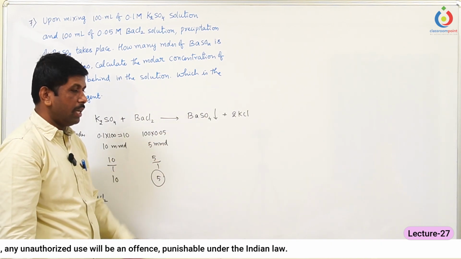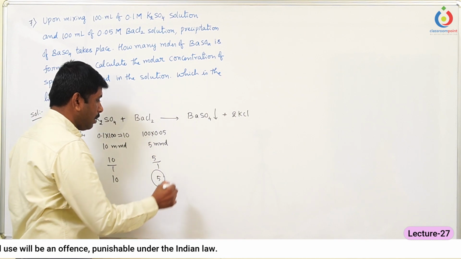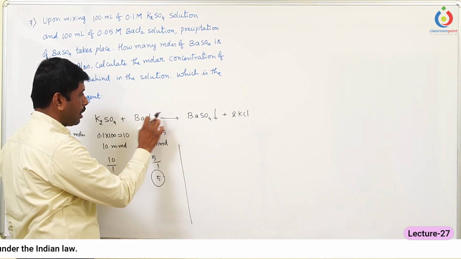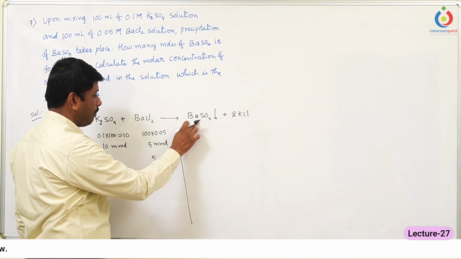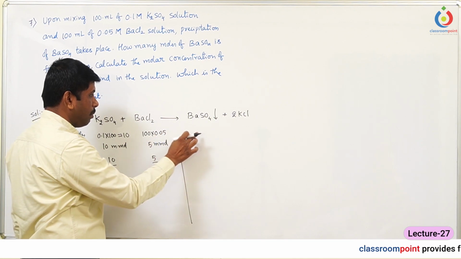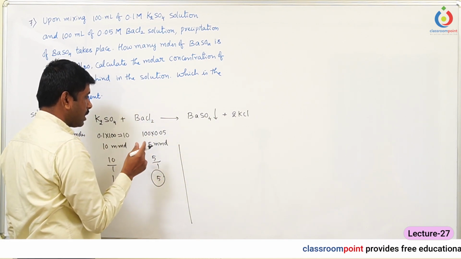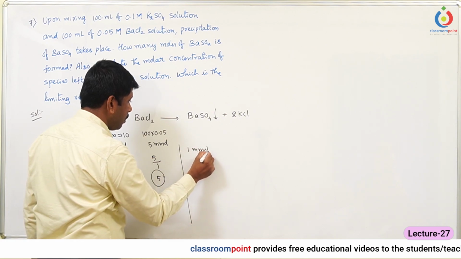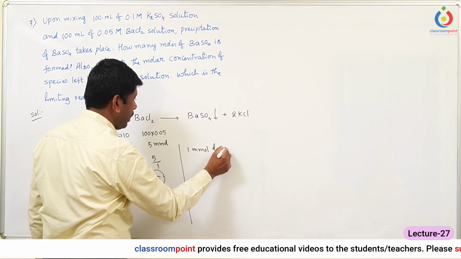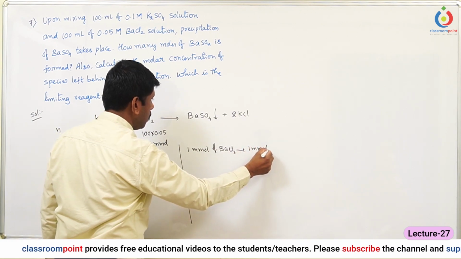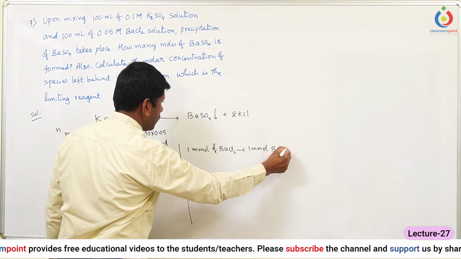So let us try to find out the number of moles of barium sulfate formed. See here, 1 mole of barium chloride gives 1 mole of barium sulfate. Then 5 millimoles of barium chloride gives how many moles of this one? So let us consider millimoles here also. 1 millimole of barium chloride gives 1 millimole of barium sulfate.